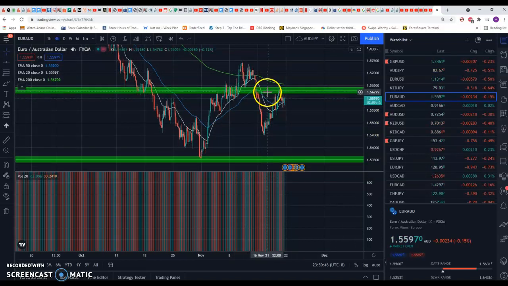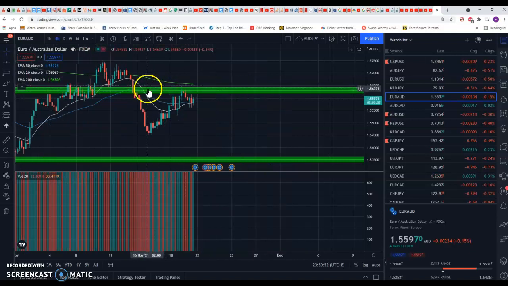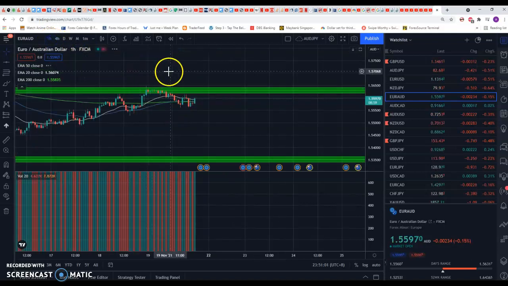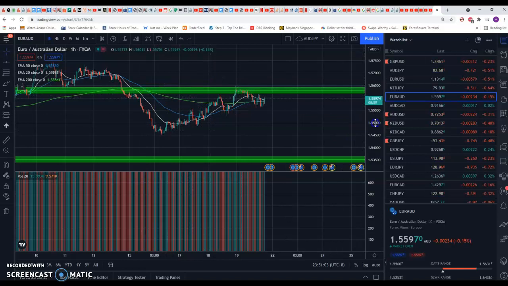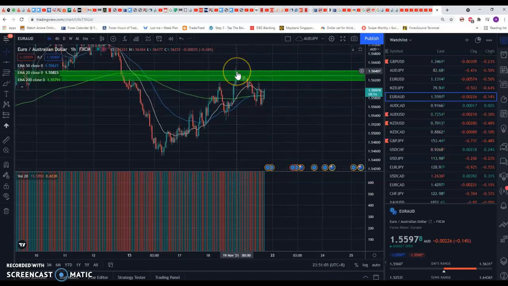So when the price comes close to this area over here, there's a kind of a trap for buyers that try to come over here. When it came back to this area, technically it's a sell market, but it won't go all the way down.